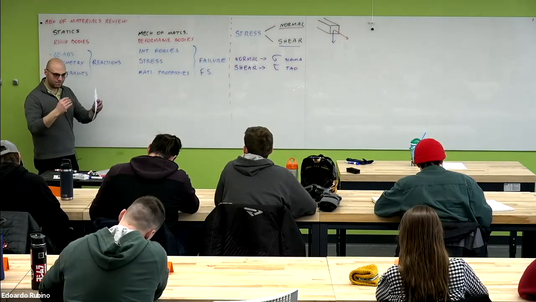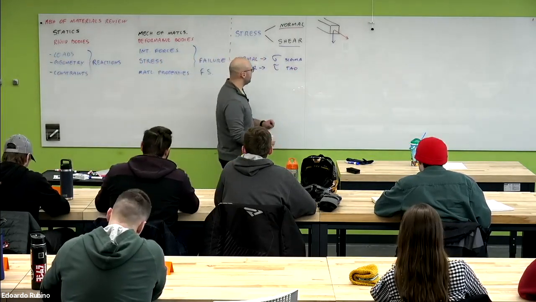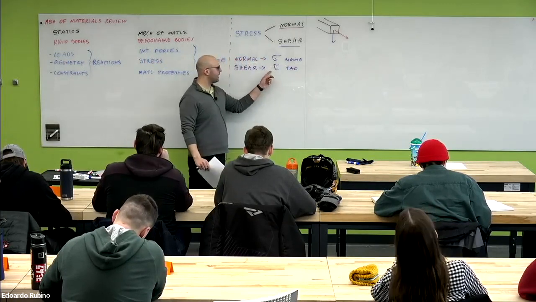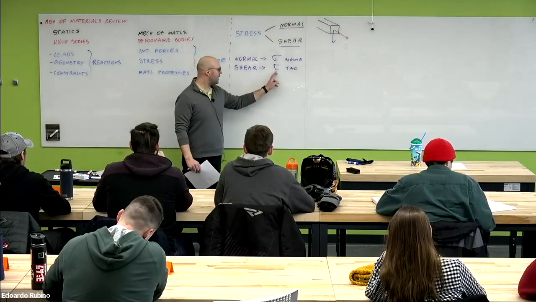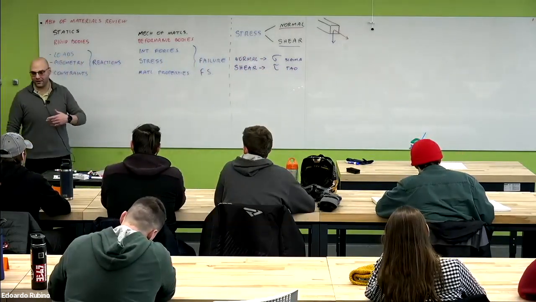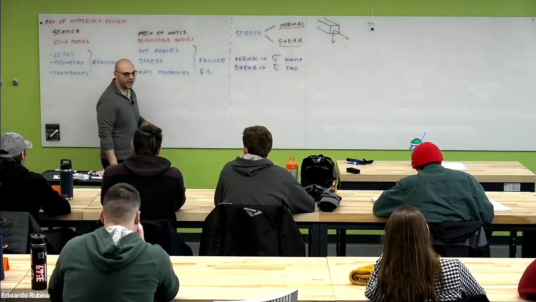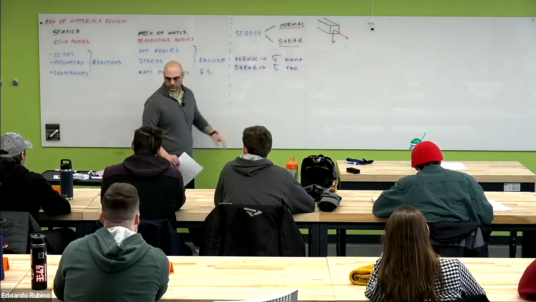I think this is very useful so that we all understand when we talk about sigma and tau. So sigma is typically the normal stress. Tau is typically the shear stress. There are textbooks where you can find a different convention. This is what I will use during the entire semester. Okay.